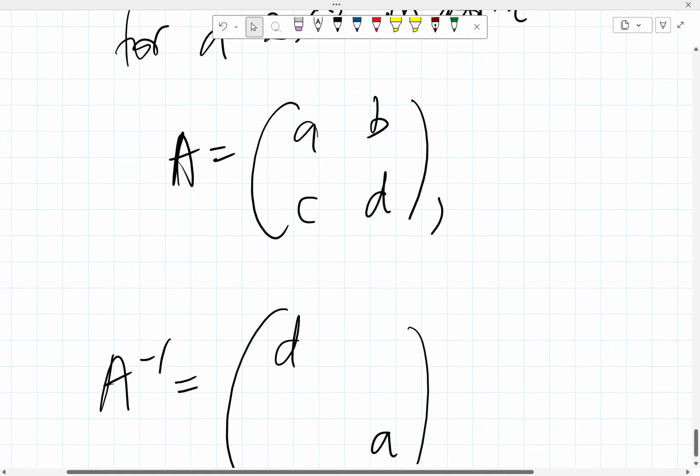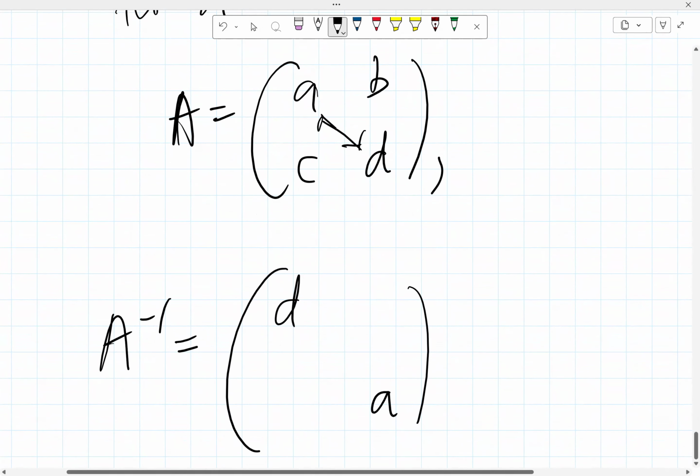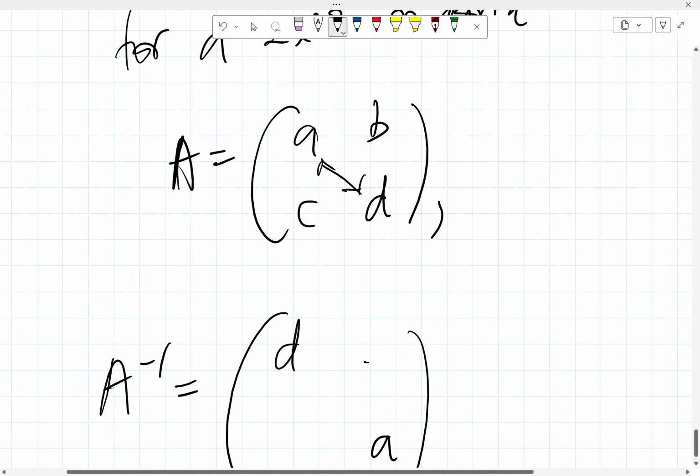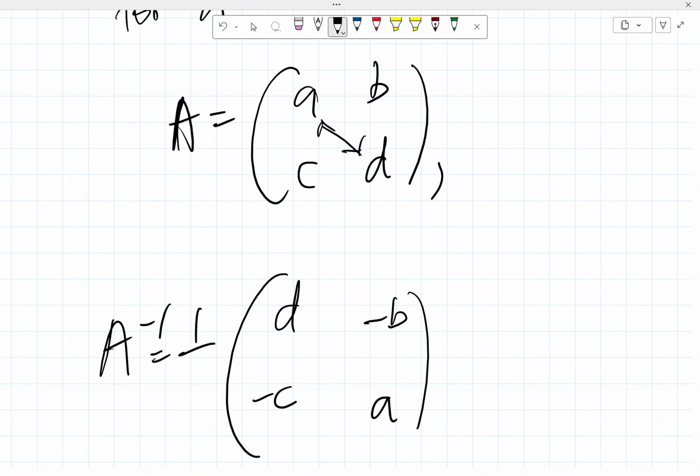It's like we are interchanging these two. Then apart from that, you now change the signs. B remains where it is, but the sign now is negative. And then you have 1 over the determinant of A. So A inverse is equal to 1 over the determinant of A multiplied by the matrix with A and D switched, right?